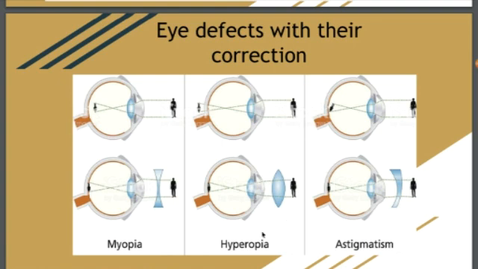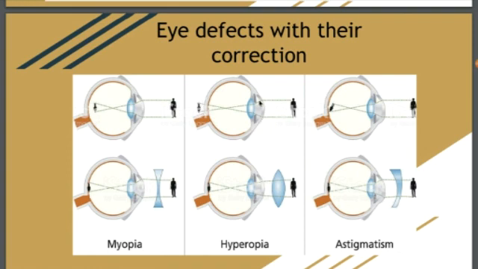The next defect is hyperopia or hypermetropia, which we also call long-sightedness. When a person is suffering from this, he cannot see nearby objects, but he can see faraway objects very clearly. When the object is placed closer to him, the image will be formed right behind the retina, so he is not able to see the object clearly.